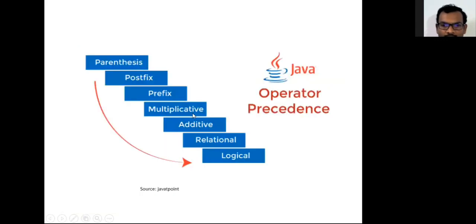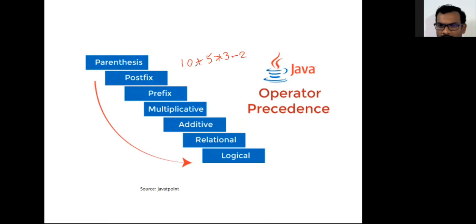Coming to that, suppose we would like to evaluate an expression. For example, look at this. I would like to evaluate the expression 10 + 5 * 3 - 2.